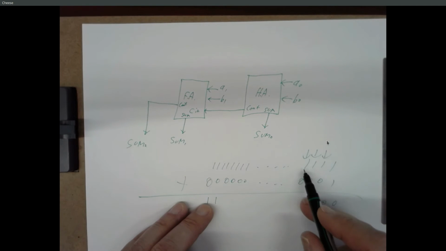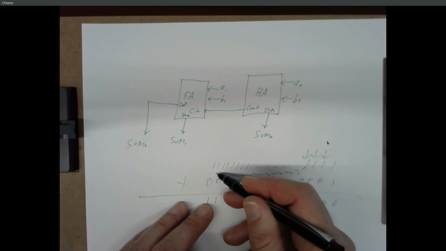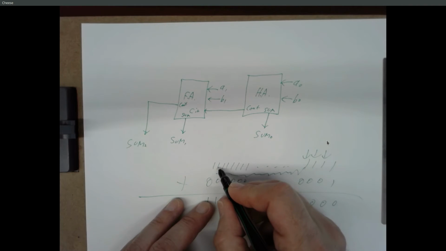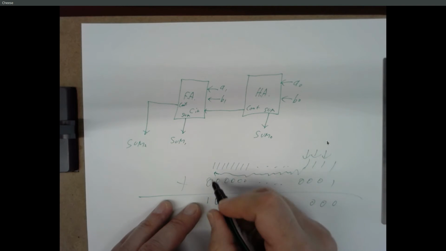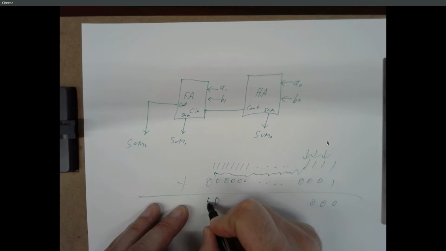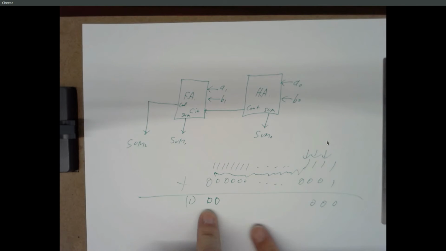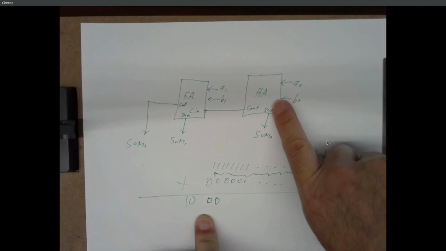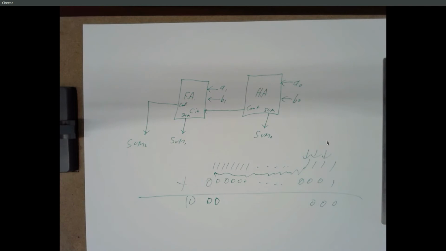But eventually, this carry is going to ripple all the way down here, and it's going to say, oh, I'm doing 1 plus 1 plus 0. That's a 0, and it's going to generate a carry of 1. And this last full adder will say, oh, I've got a carry of 1 plus 1 plus 0. That's a 0 with a final carry out of 1. But your answer is not going to be correct until this 1 from your first adder ripples all the way down 1,000 of these adders.